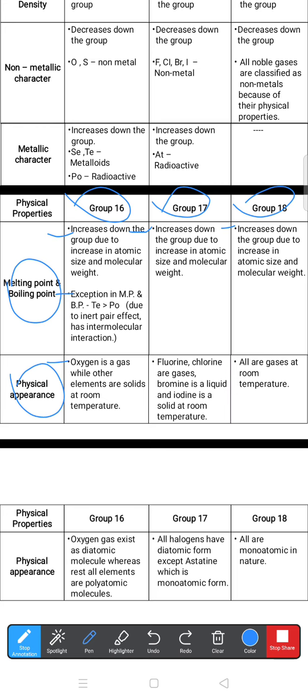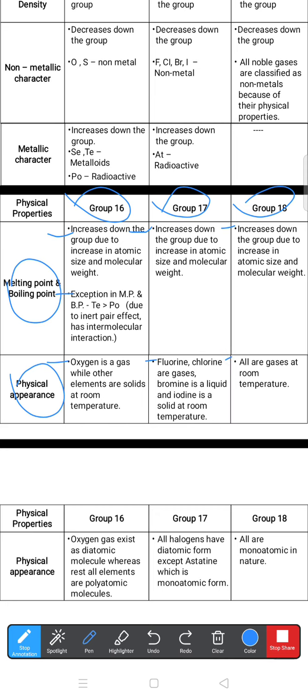Why is it a gas? It depends on density as well as intermolecular forces of attraction among the atoms, ions as well as molecules. That's why oxygen is a gas. While fluorine and chlorine are gases, bromine is a liquid, and iodine is a solid at room temperature. In case of group 18, all are in gaseous form at room temperature.